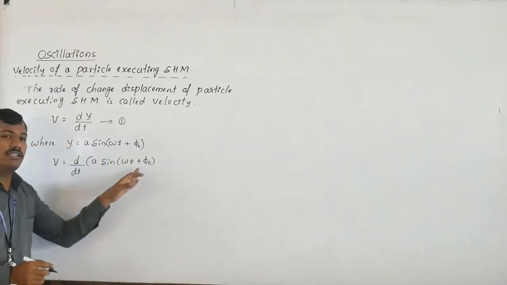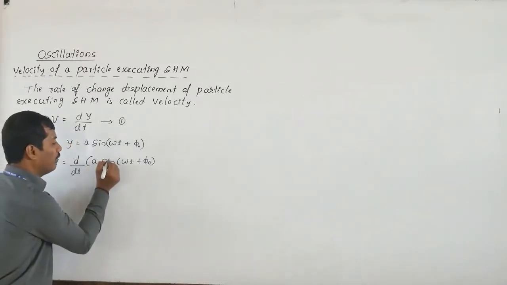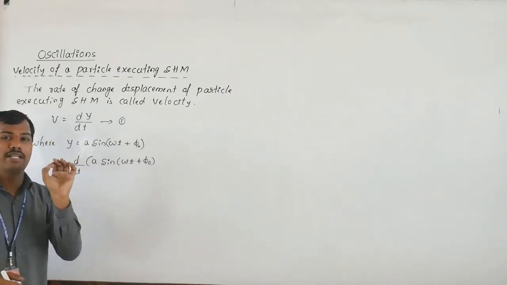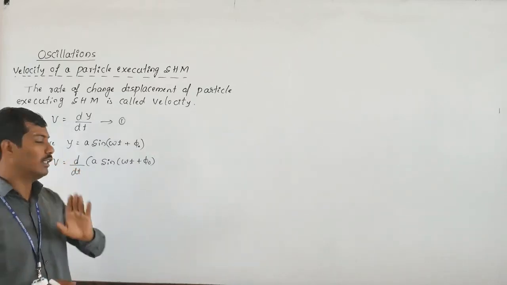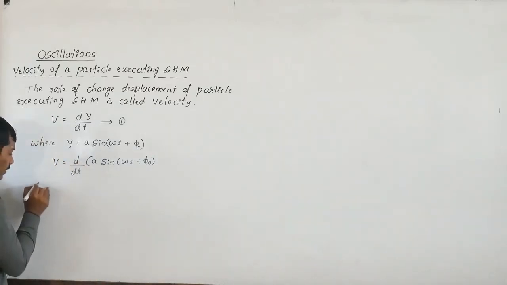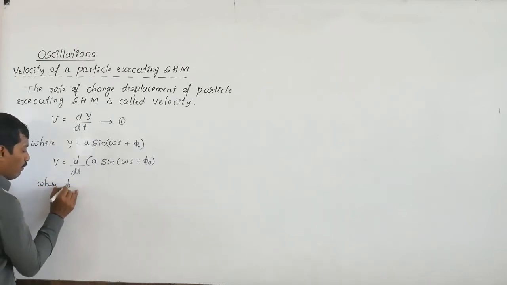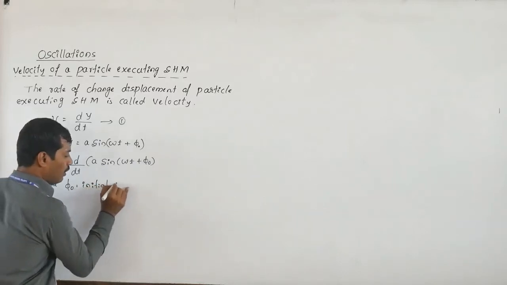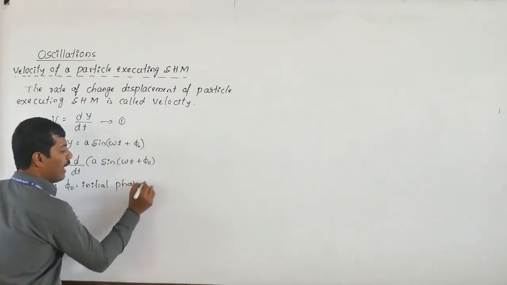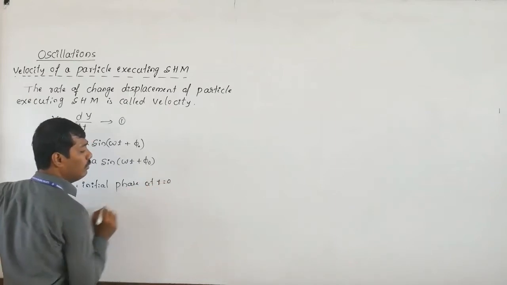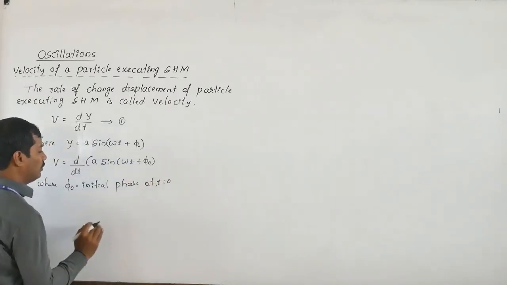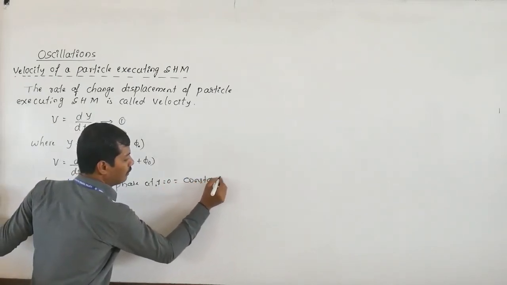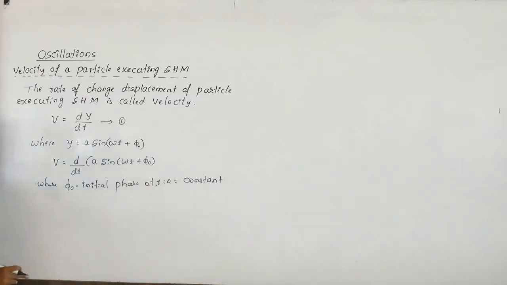It is plus or minus; I'll take plus here. Phi naught is called the initial phase, the initial phase at t equal to 0, which is always constant. This initial phase is constant here.